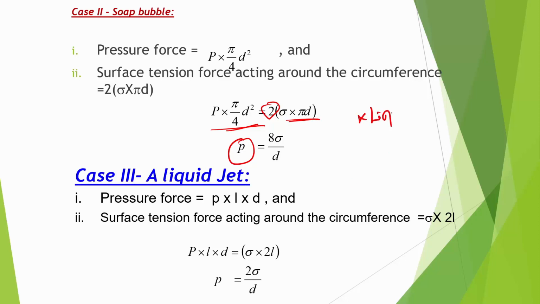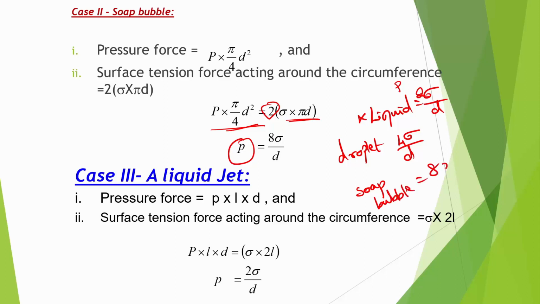First is your liquid jet, given by the formula 2 sigma by D, which is your excess pressure. For a droplet, it is given by 4 sigma by D. And for your soap bubble, the formula is 8 sigma by D. This way you can remember 2, 4, 8, and sigma by D is a constant. The left hand side is your excess pressure, PE.